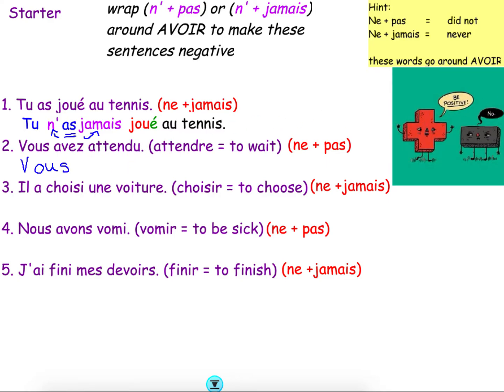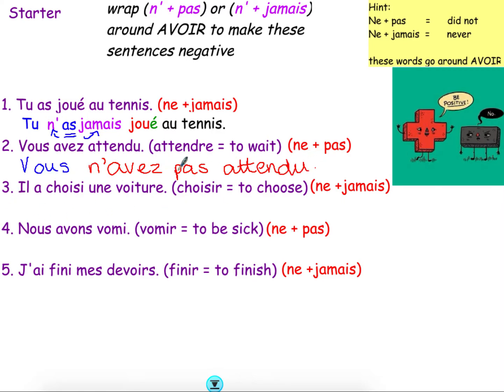Next, we need the ne, okay, and the apostrophe with avoir. So our part of avoir here is avez, vous n'avez, and we need to wrap the other part of it around, so vous n'avez pas, and the rest of the sentence stays the same, attendu. Okay, you did not wait.